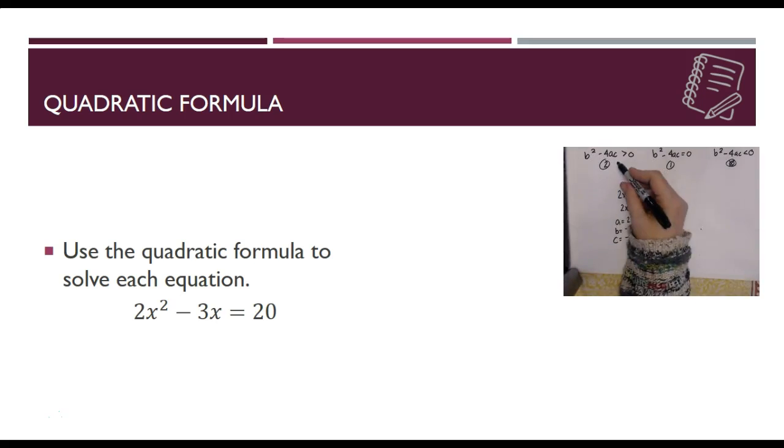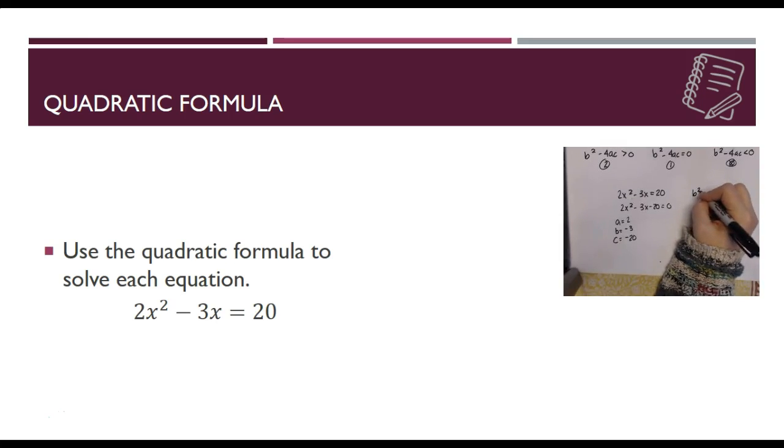Then we plug those into our discriminant, which is b squared minus 4ac. And that should be able to tell you, based on its value, how many solutions there are. So my b is negative 3 squared minus 4 times 2 times negative 20. So this will give me 9 minus 4 times 2 is 8 again, times negative 20. So that's negative 8 times negative 20, which will be negative 160.